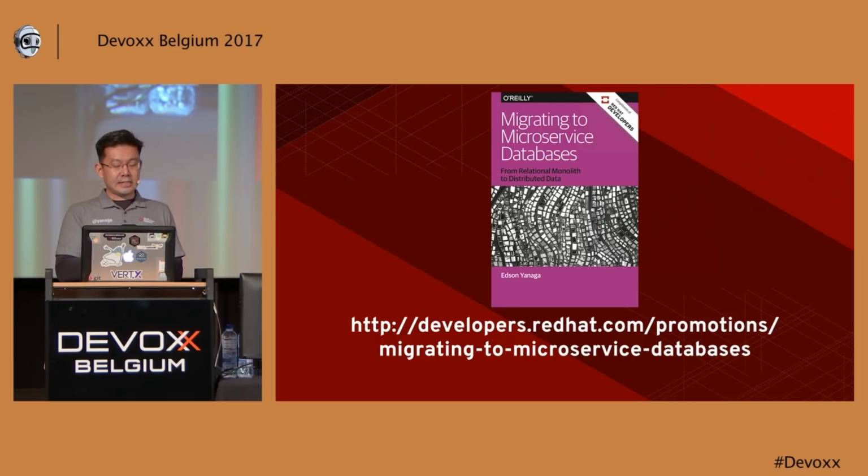I'll be discussing a bit about CQRS and event sourcing in the second part of this talk, and I'll be presenting just one integration technique for you to create your architecture with that. But if you want to dig more into the subject, I released the book from O'Reilly, Migrating to Microservices Databases, where I discuss other approaches for creating your CQRS architectures. This book is only about relational databases.